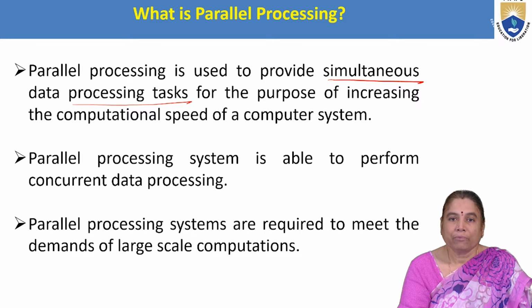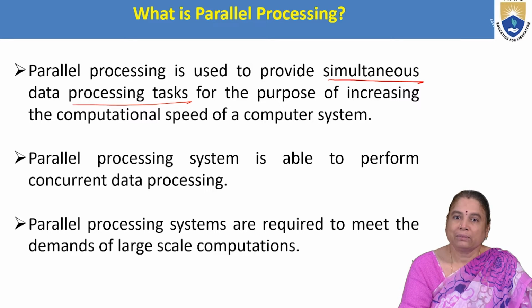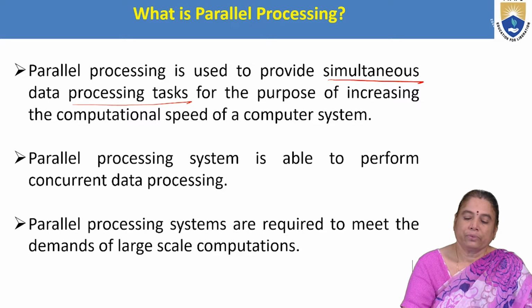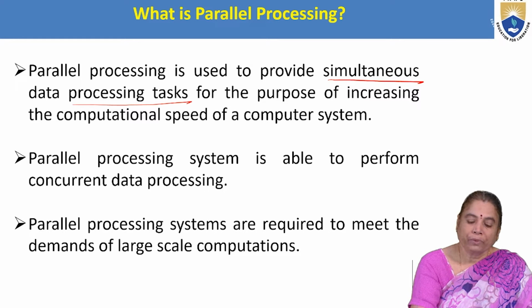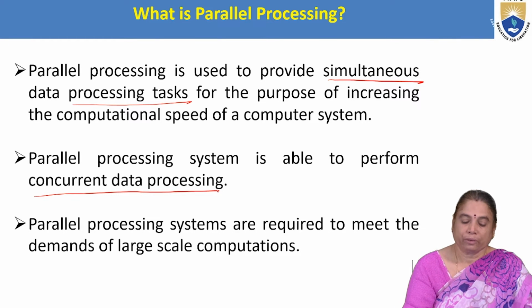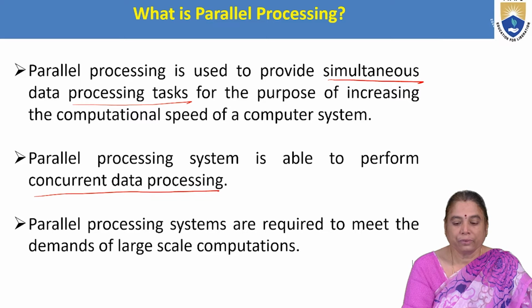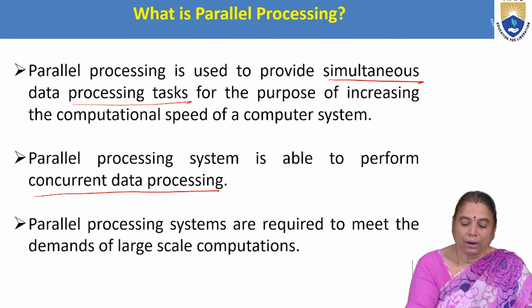Concurrently, more than one task can be executed so that the performance and computational speed of the computer can be increased. Parallel processing systems are able to perform concurrent data processing, and they are required to meet the demands of large-scale computations.